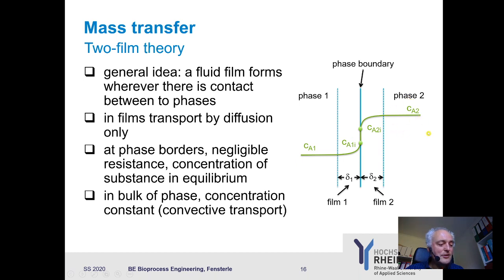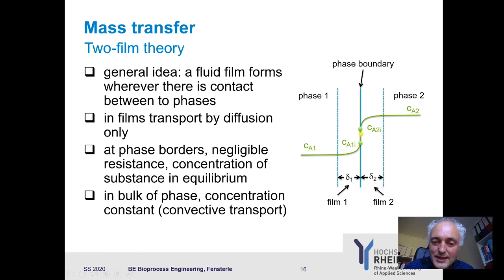I have an even concentration distribution in this phase because I mix, and then at the phase boundary I have a gradient due to diffusion because I have a film on the surface. The same is true for the second phase, where I also have complete stirring with a lower concentration, and I also have a gradient here.